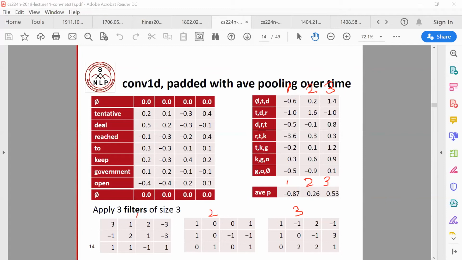Let's see. Back to here. What is a typical number of filters? I don't know that. That's a good question. I don't know what people use, and the only way to find out would be to read some papers and see what people are actually doing.